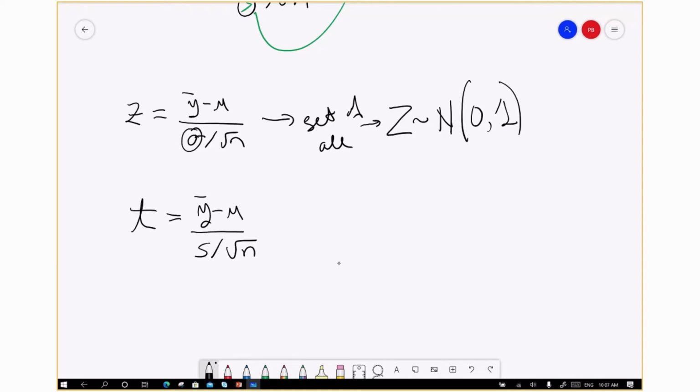So you can see we're substituting s for sigma, and the set of all these would be a random variable that we can illustrate as capital T, and we illustrate its distribution as t with only one argument, the number of degrees of freedom, mu. So, a couple of notes about this.